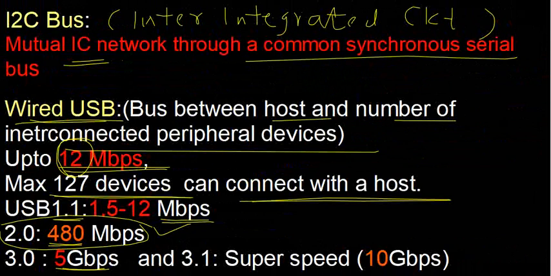Now what we have seen here, in the serial communication devices as long as wired communication is concerned: UART, USART, then the serial peripheral interface, then the I2C bus, the integrated circuit serial bus, and then wired USB.